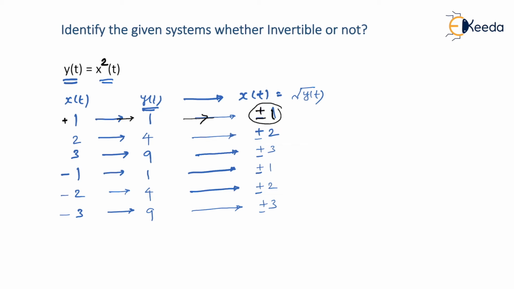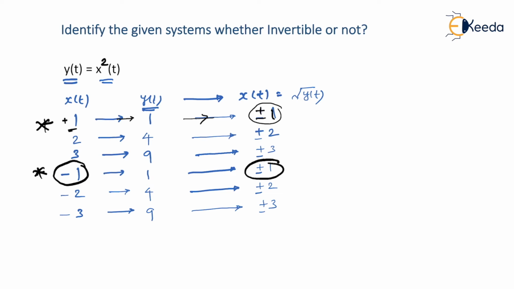Now that's the problem. You're getting plus 1 also and minus 1 also, but what you really wanted was plus 1 only. But this is quite acceptable to the level where you're getting plus 1 out of plus minus 1. But you see that even for this x of t equal to minus 1, you're getting plus minus 1. Is that right? Meaning that for two different inputs, you're getting same output.